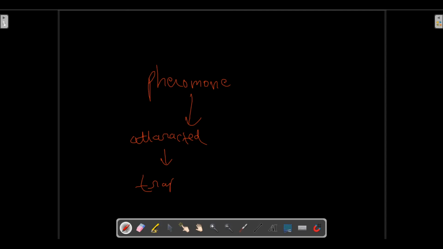They are trapped with the help of technology. So this is the way in which we can trap the pests.